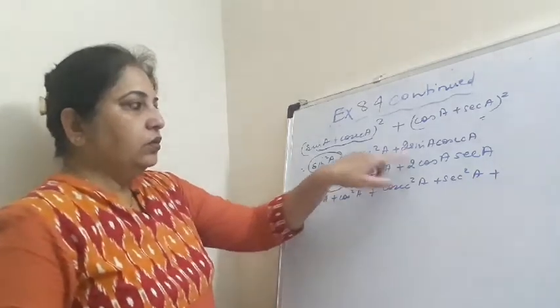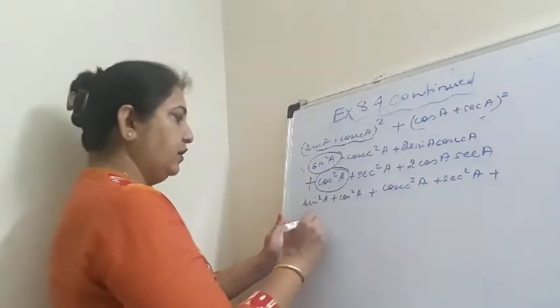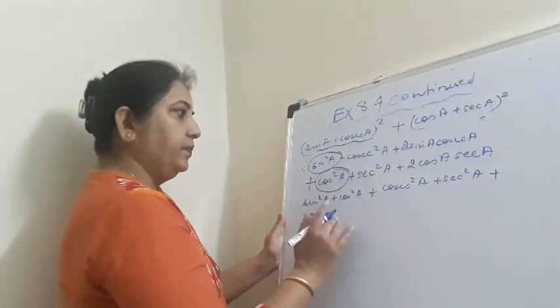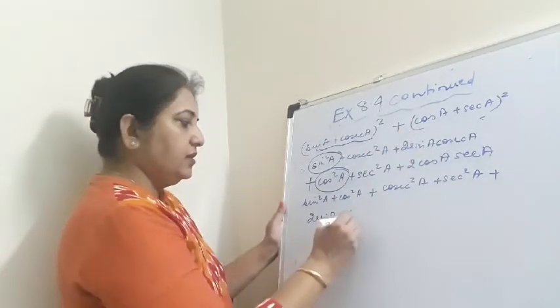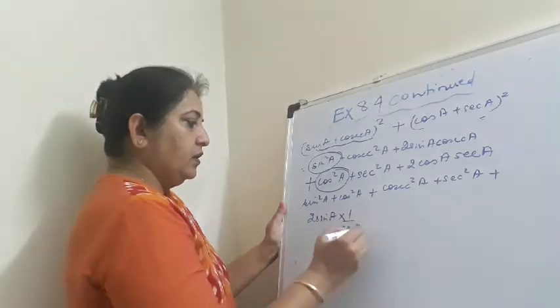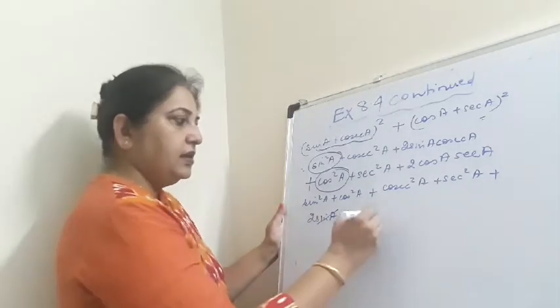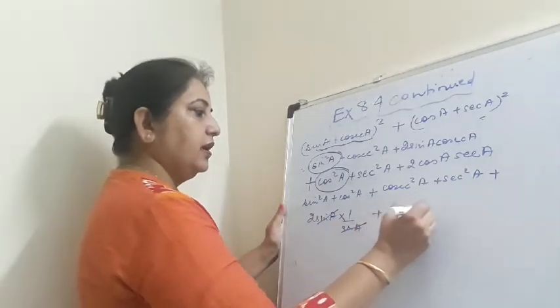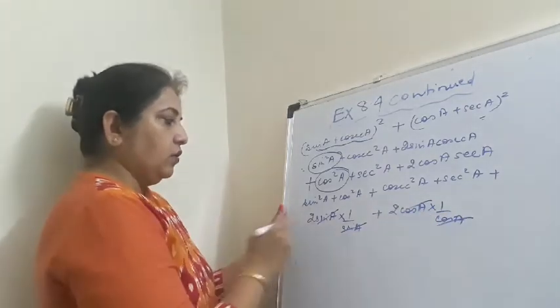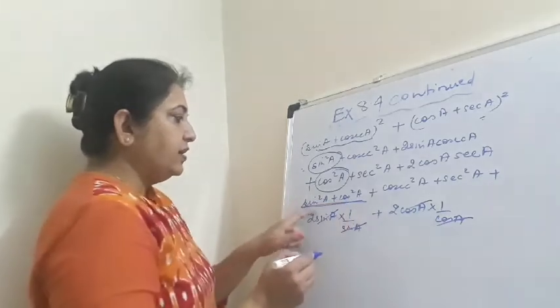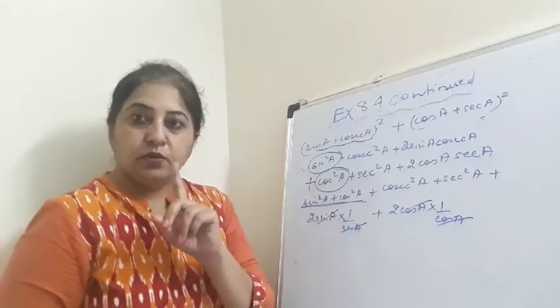Now 2 sin A into, you know what is cosec A? Cosec A is 1 upon sin A. So therefore this sin and sin will cancel, and 2 cos A into 1 upon cos A will cancel. So now here I am left with sin square A plus cos square A, which is equal to 1.